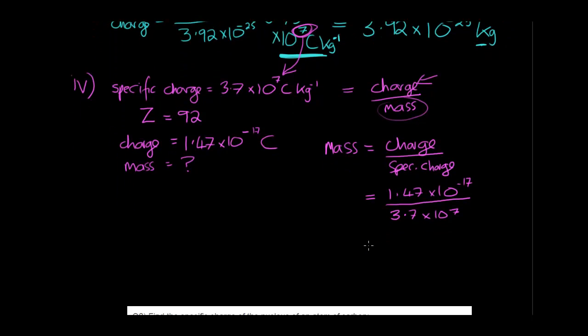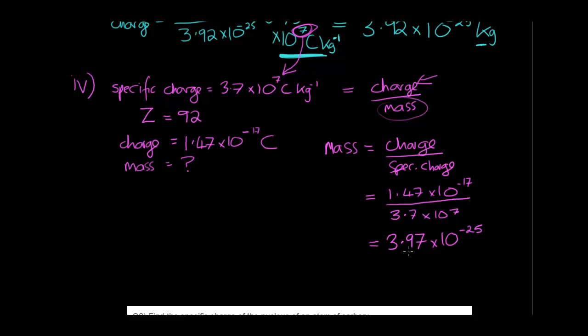And that's going to give us a quick calculator moment. 1.47 times 10 to the minus 17 divided by 3.7 times 10 to the 7. And we're going to get a mass of 3.97 times 10 to the minus 25.